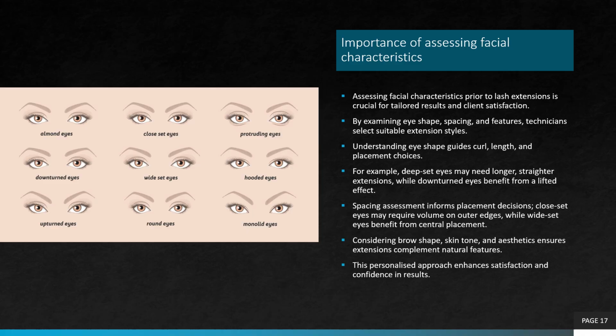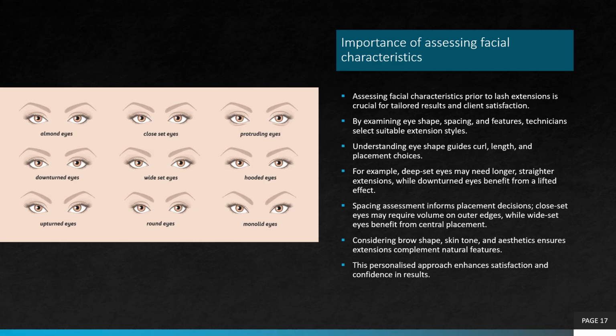Assessing facial characteristics before applying lash extensions is essential for achieving tailored results and ensuring client satisfaction. By carefully examining aspects such as the eye shape, spacing, and other facial features, technicians can select the most suitable extension styles that complement the client's natural look.